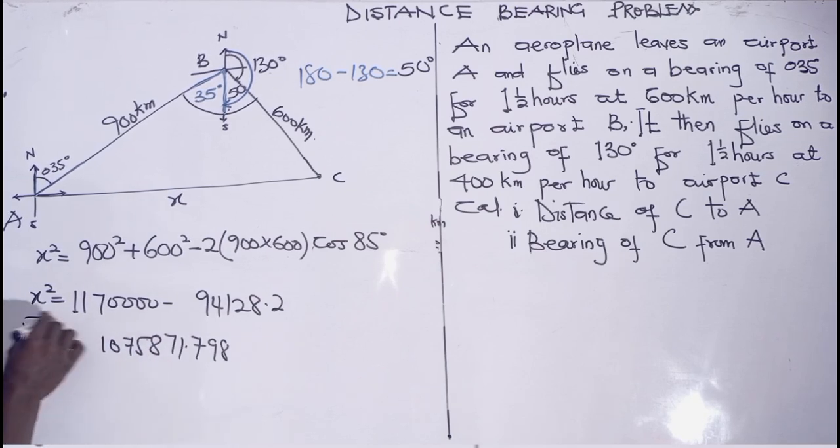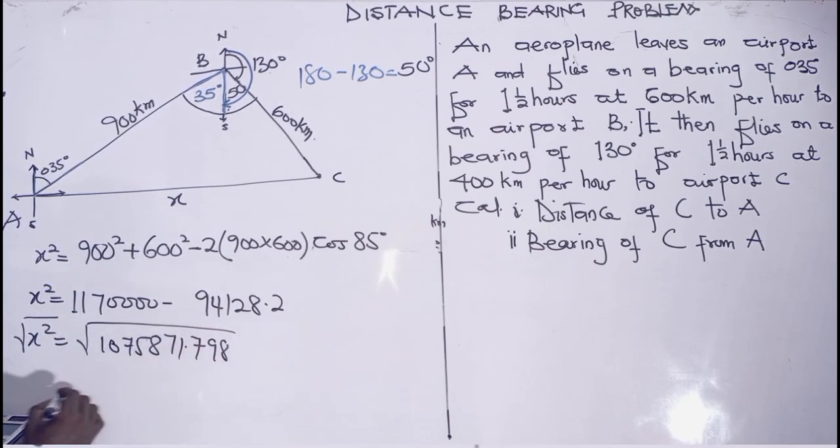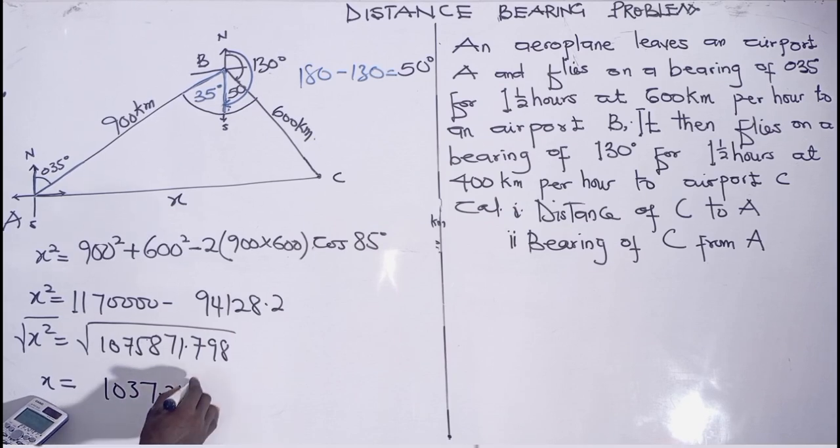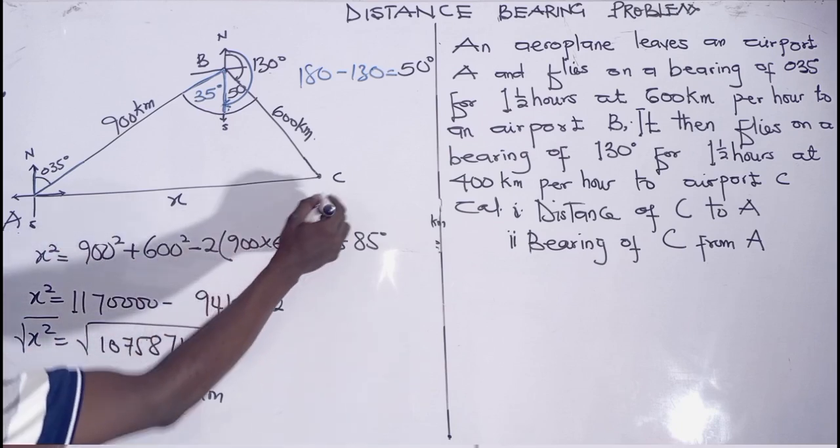Now let's take the square root on both sides of the equation to find the value for x. So we have x is equal to 1037.24 kilometers. So that is the distance from A to C.